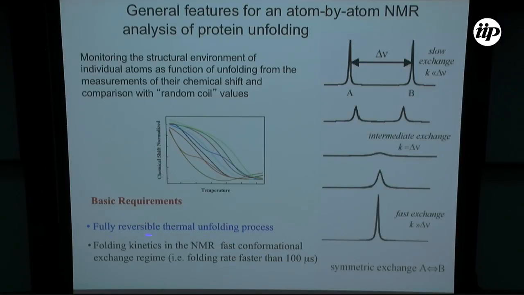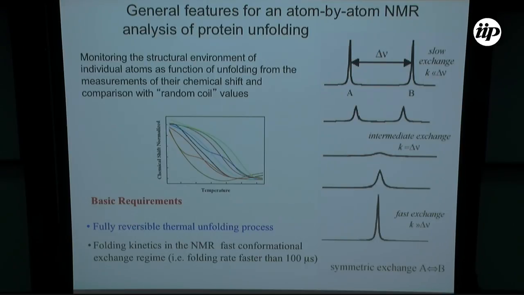This happens to be a very demanding criterion because many proteins may be reversibly folding and unfolding by chemical denaturation, but when you do it thermally, they are much more prone to aggregate, okay? And the idea of the experiment, as I say, is a very basic experiment. You are going to be assigning the protein, so you will know each chemical shift, to what atom it belongs to.